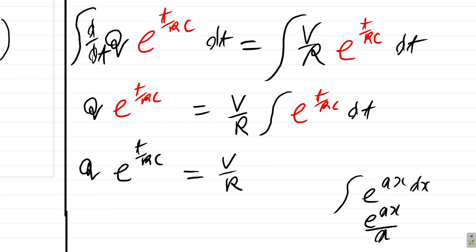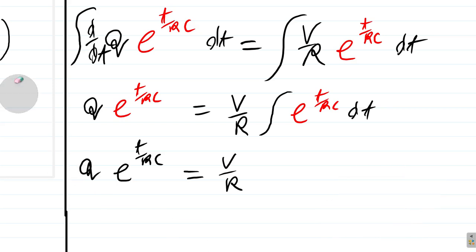If you don't remember, let me know so that I can link a video to it or show this again. So here, let me rewrite it in another way, 1 over rc times t. I could rewrite this as 1 over rc times t dt.